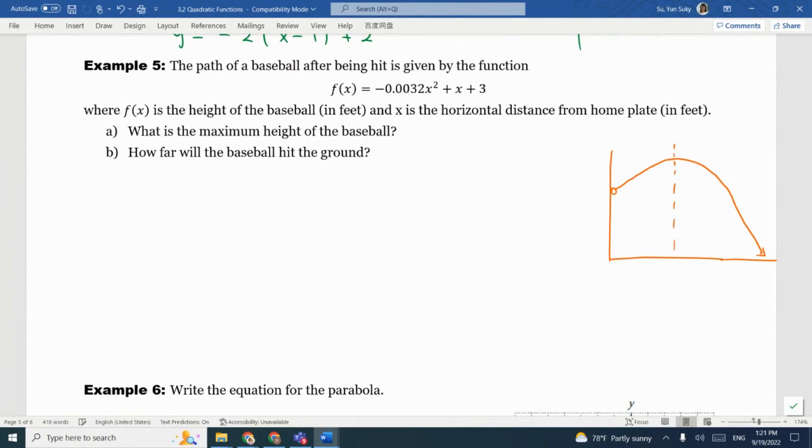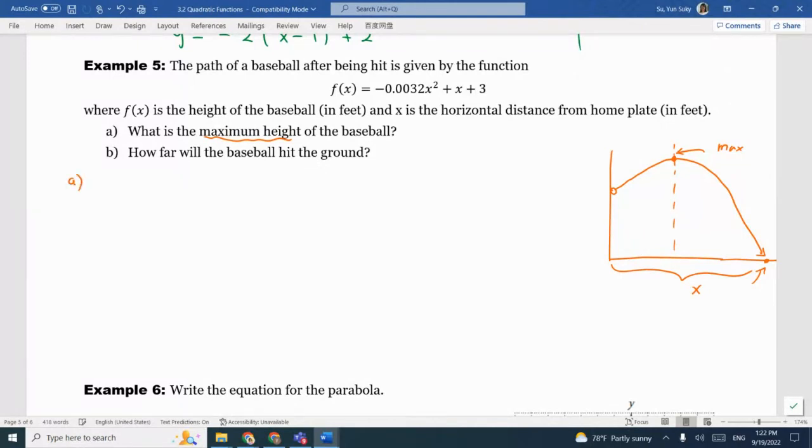And we're looking for the maximum height. So this is the maximum height, right? And how far will the baseball hit the ground? So we also want to find out what's the x value such that it hits the ground.